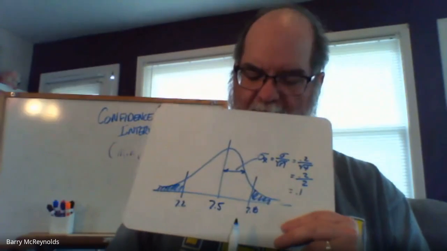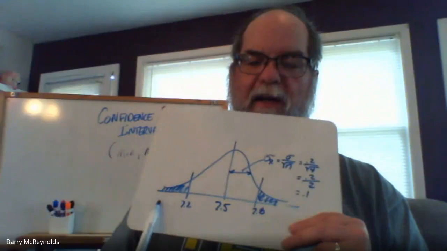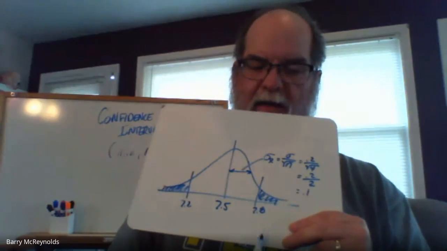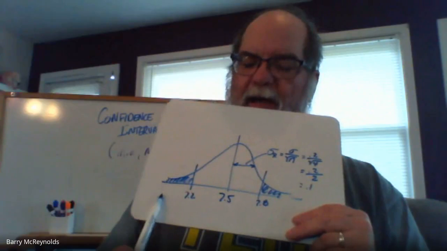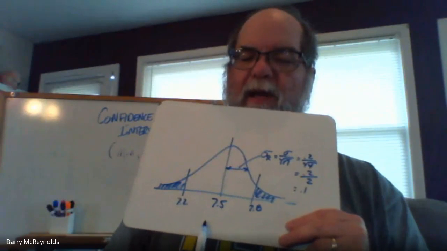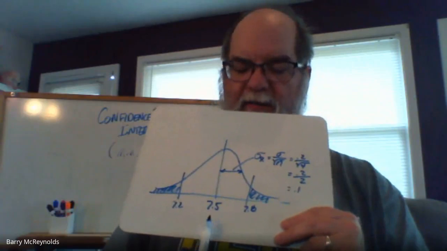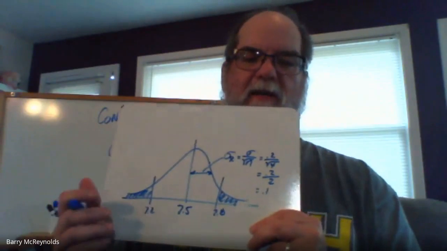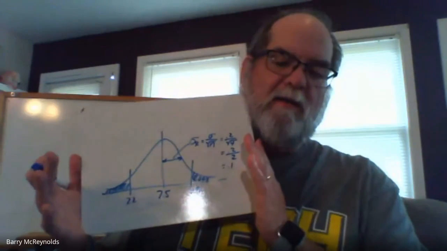But really all it means is what's the probability that he's going to find a value in this range or that range, given we have a sampling distribution with a mean of 7.5 and a standard deviation of 0.1. What's the probability of that?